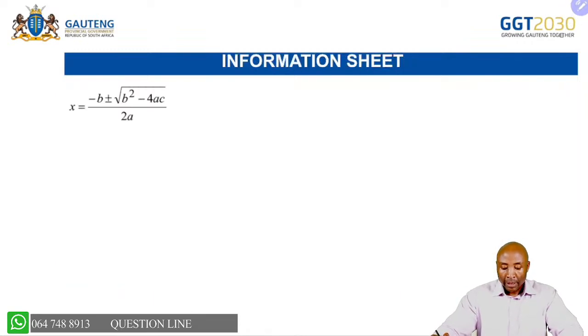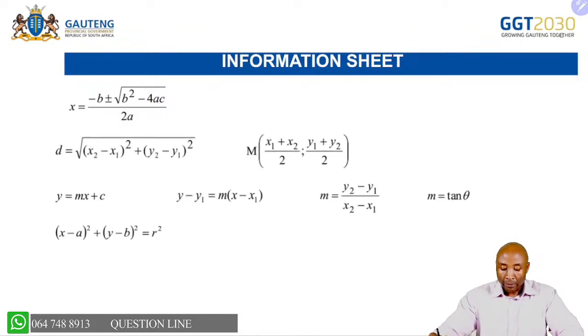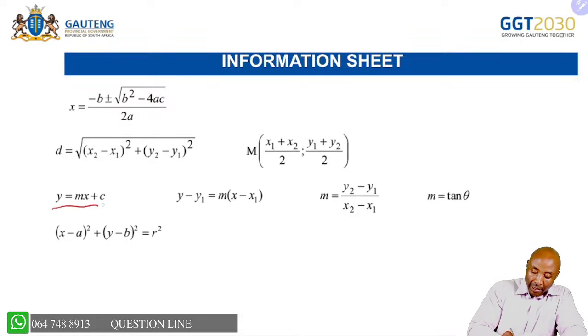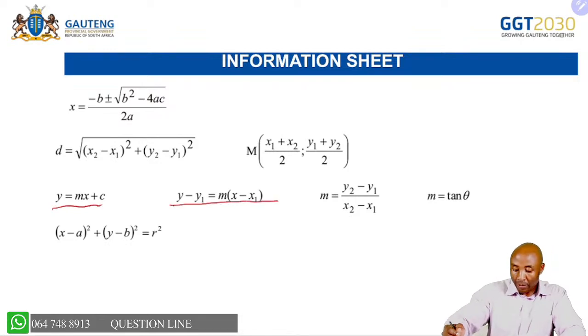Now, I will go to the information sheet on our formula page. You will realize that the quadratic formula, we use it a lot, but people continue to make mistakes on it. We have our distance formula, our midpoint formula, the equation of a line. We have two versions, that one and that one.